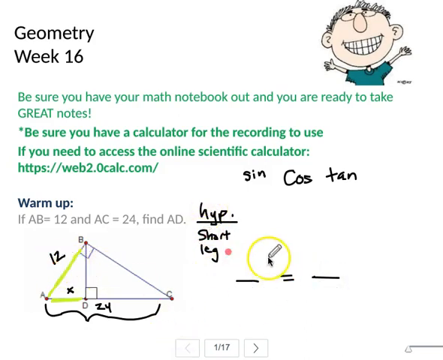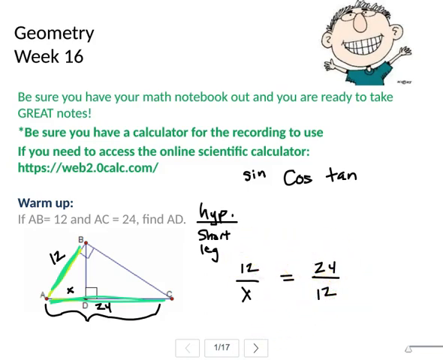So if I do the hypotenuse of my smaller triangle, I'm going to have 12 over the short leg, which is X. And then my bigger triangle, triangle ABC, my hypotenuse is from here to here. And then the short leg is this leg AB. So let's go ahead and put in the hypotenuse length, which is 24, over the short leg length, which is 12.